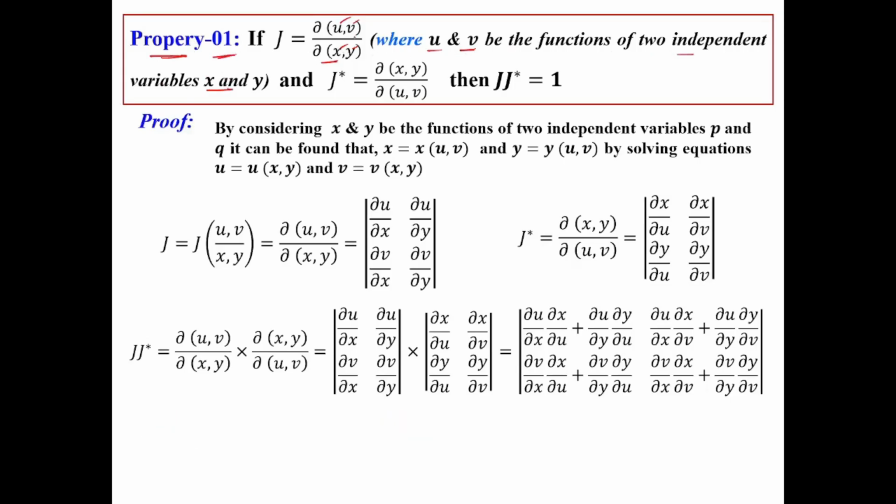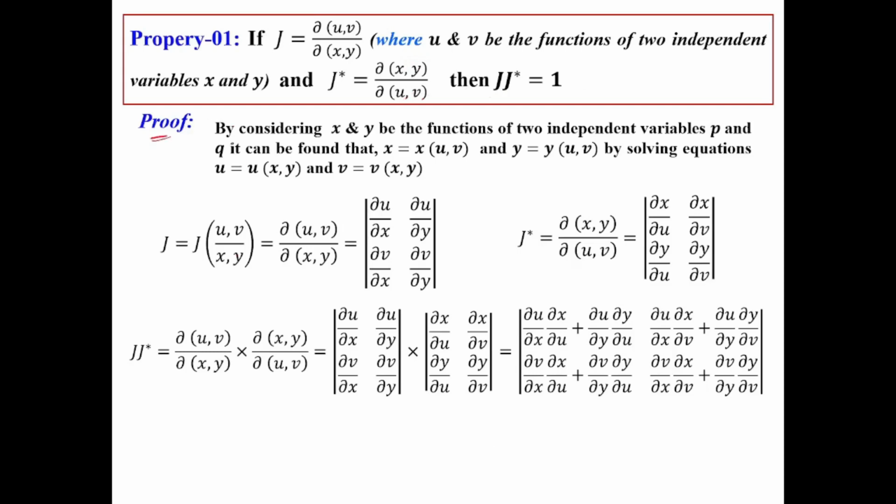And J star equals del(x,y) by del(u,v), or you can say Jacobian of x, y with respect to u, v, then J star will be equal to 1. This we have to prove here.